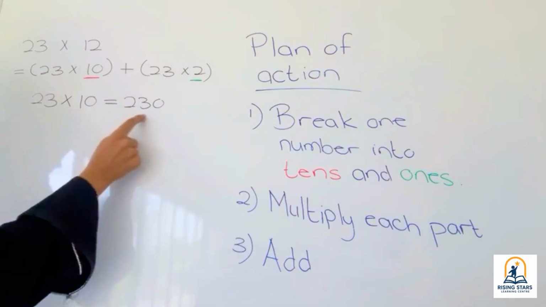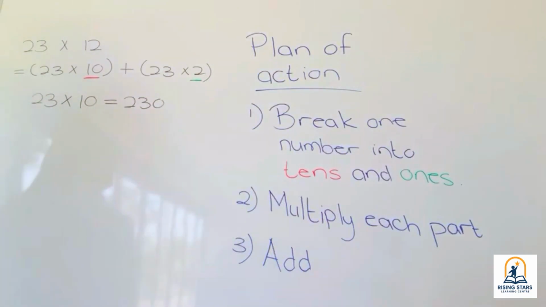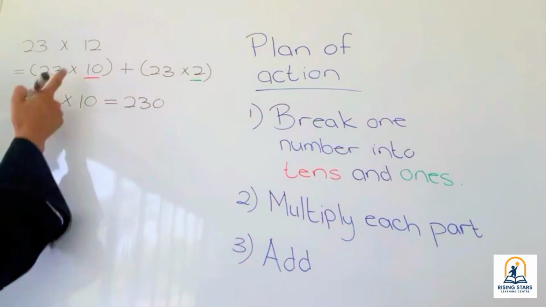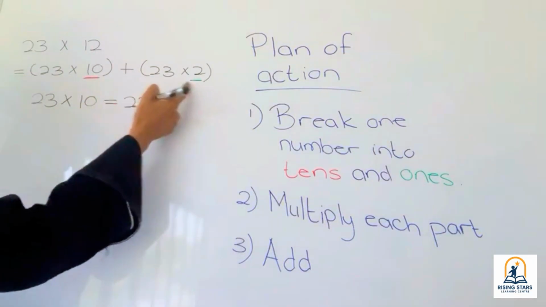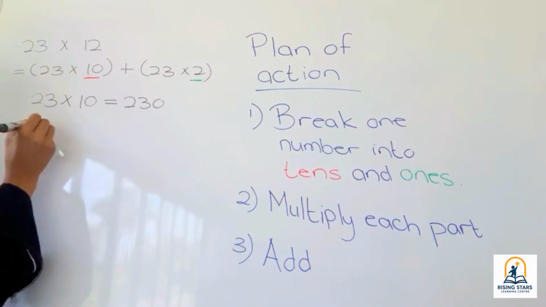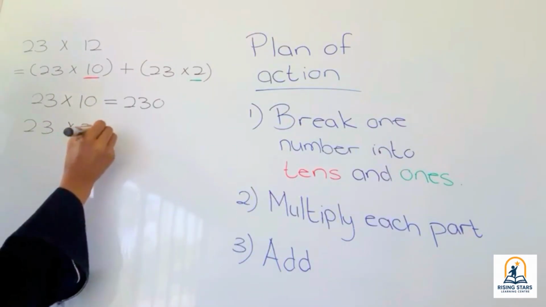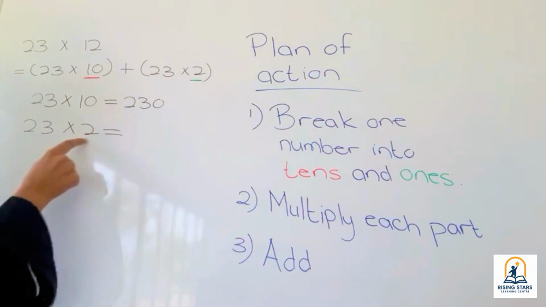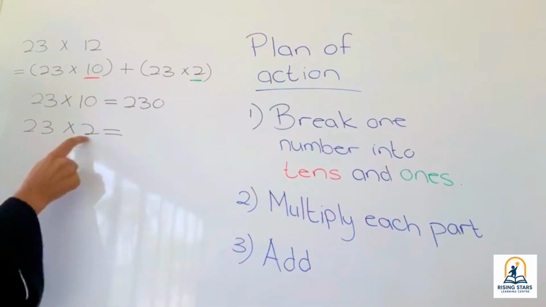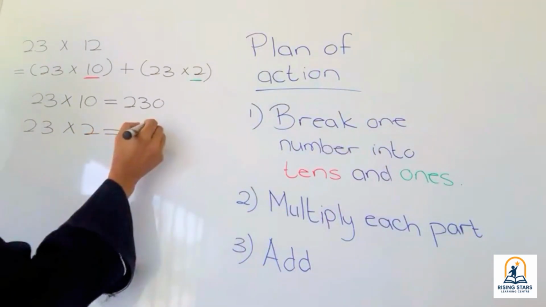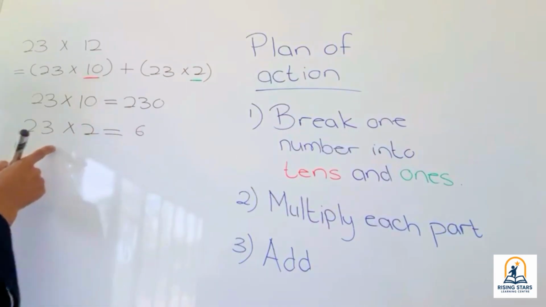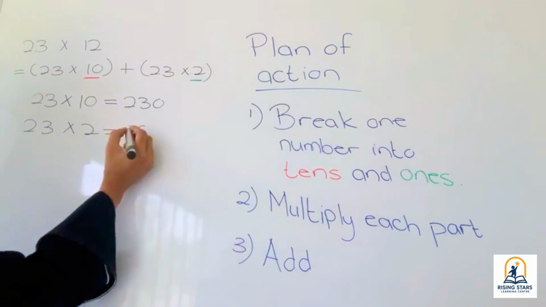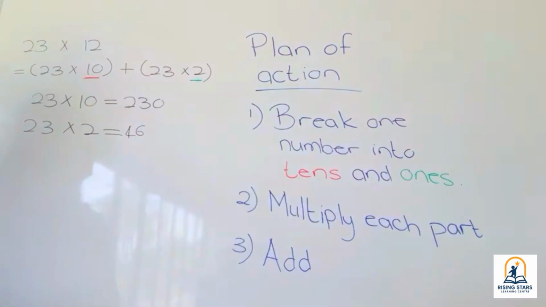So we take the 23 and we just add a 0. 230. Now we've worked out the one part, we need to work out the second part. 23 times 2. Okay, so let's begin. We start with our ones, 3 times 2 is 6. And 2 times 2 is 4. Right, so 46. We've done step 2.